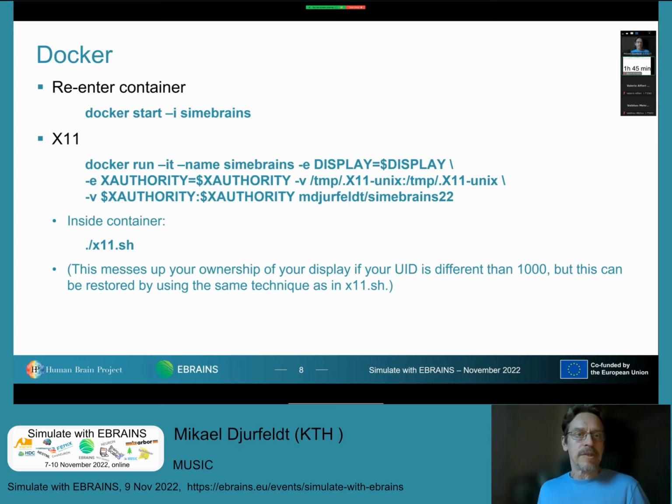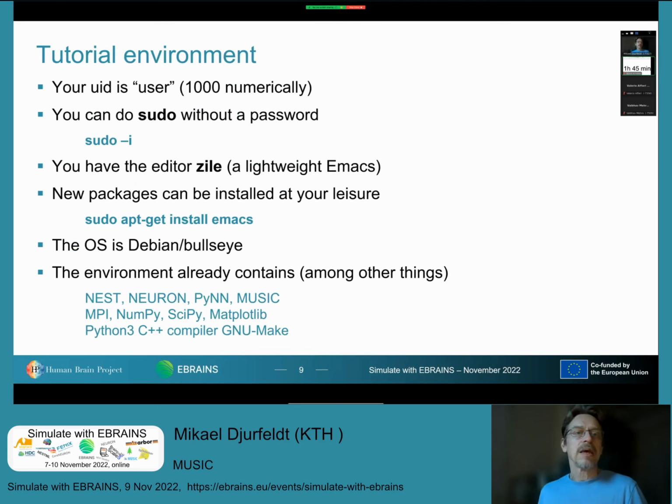Okay, so a few words on the tutorial environment. You are an ordinary user in this environment called user and have the numerical UID 1000. It is possible to become root using sudo -i.